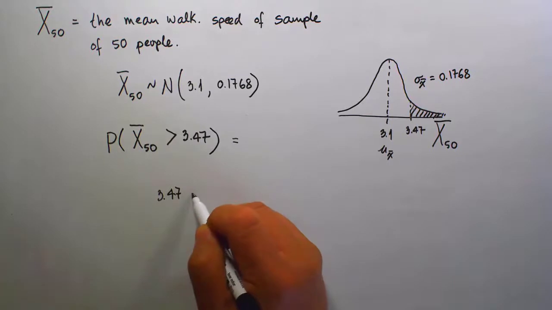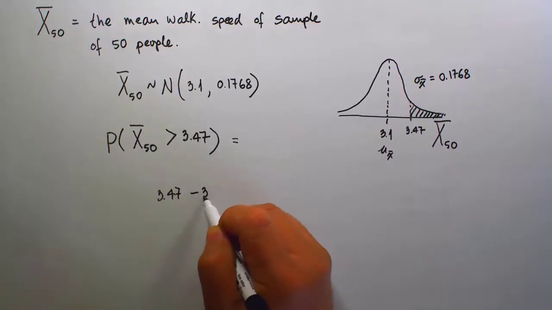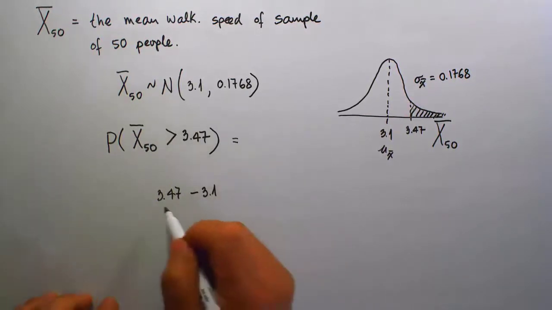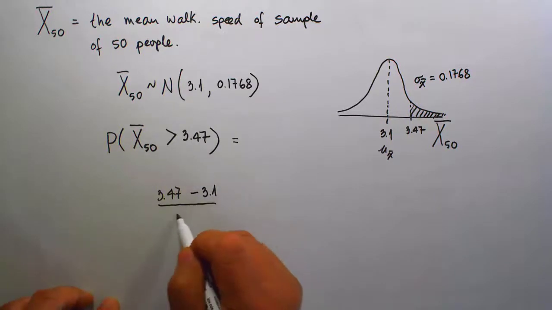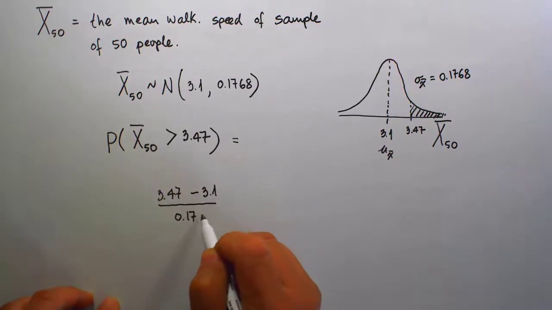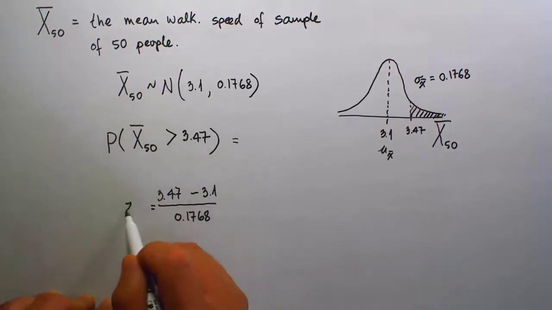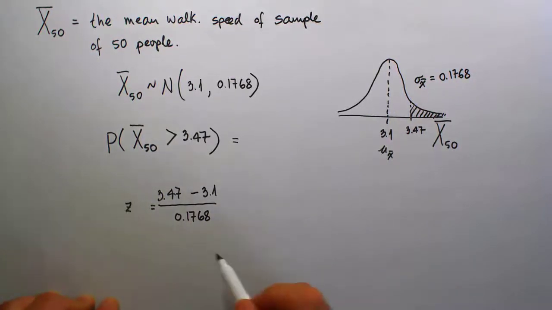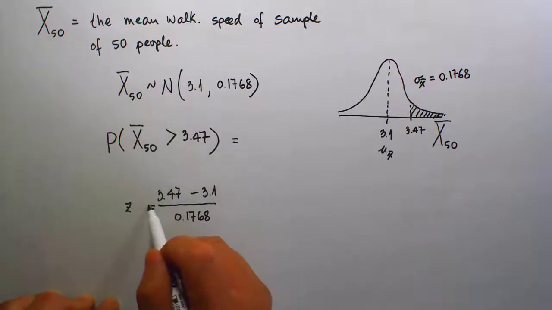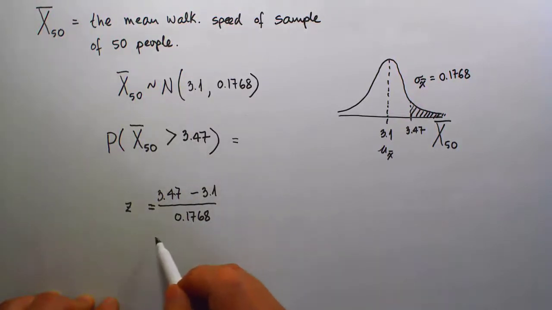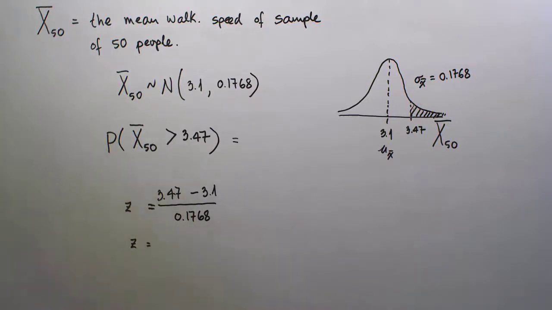I am going to subtract the center of the bell curve, 3.1, and then divide by 0.1768, and of course this is the z-score for 3.47. That z-score in two decimal places turns out to be 2.09.